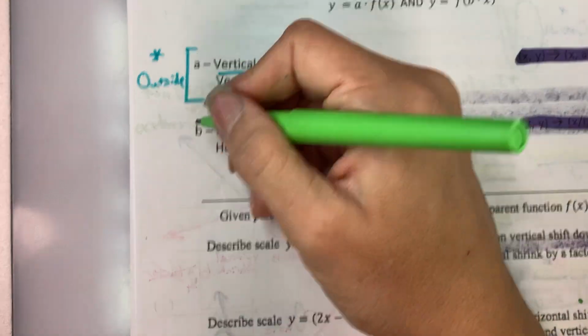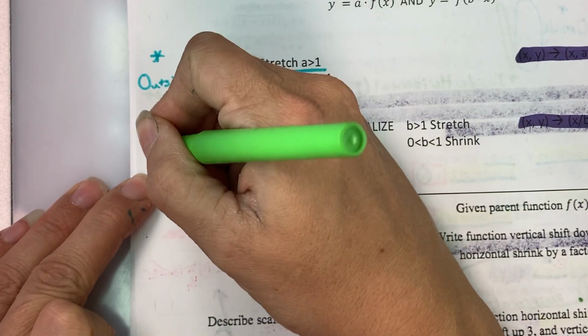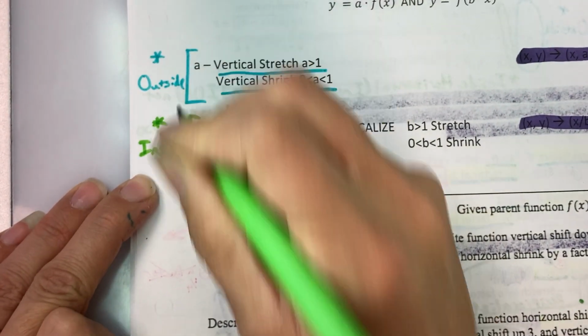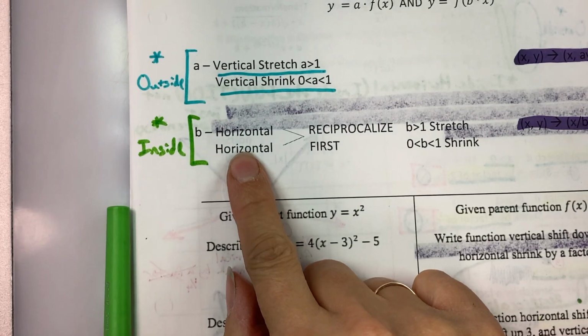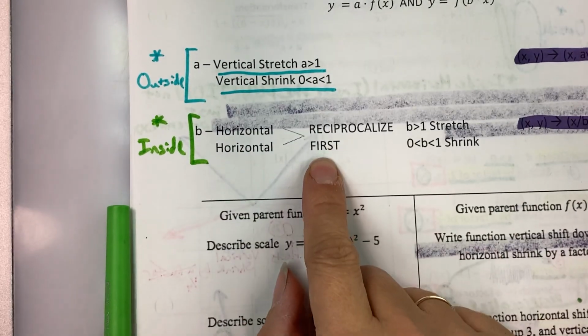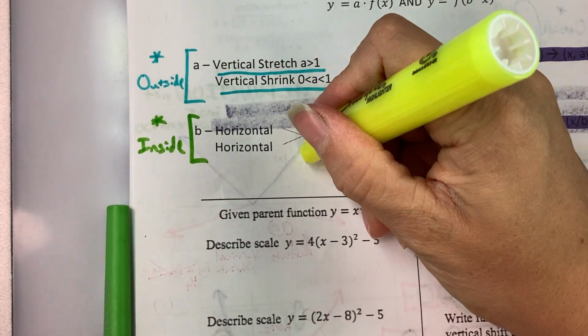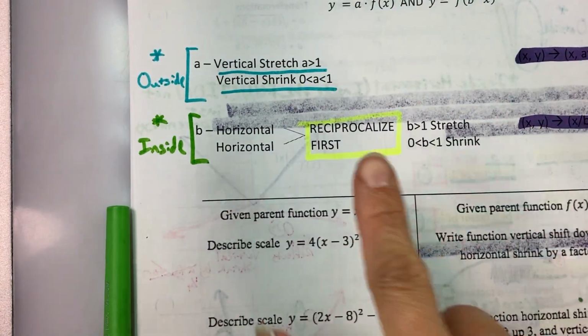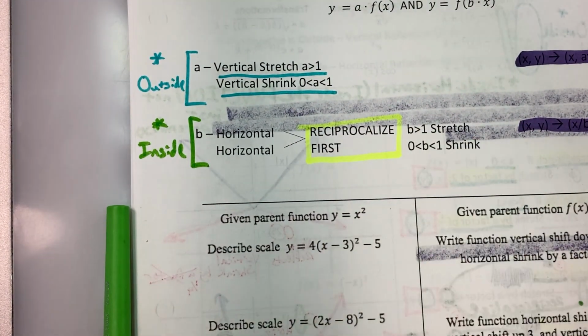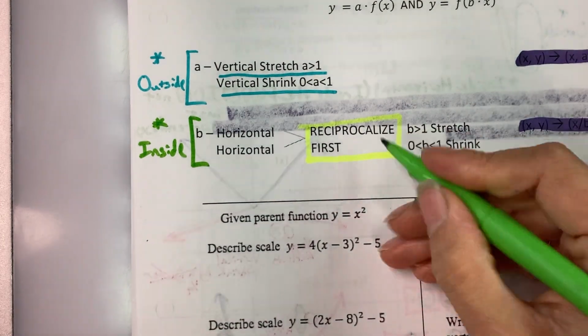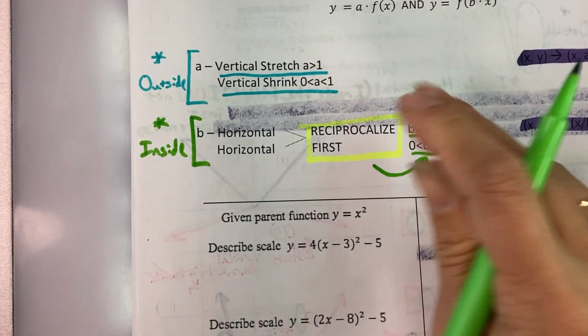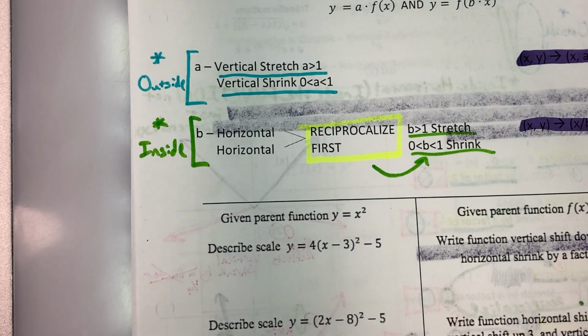For a number being multiplied on the inside, we determine that it's horizontal, then we reciprocalize that number, and we use that number to determine stretch or shrink. Because then the rules still apply the way they do with the vertical stretch and shrink.